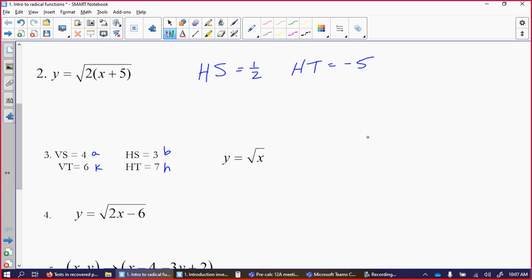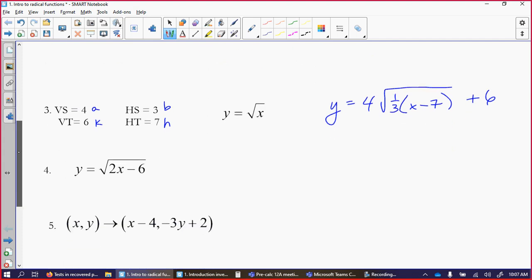Well, yes, I would hope so. y equals 4 times a great big square root of 1 over 3 (x minus 7) plus 6. And with these, we're going to look at a point like the vertex. If it was a quadratic, the vertex would be a point similar to that.